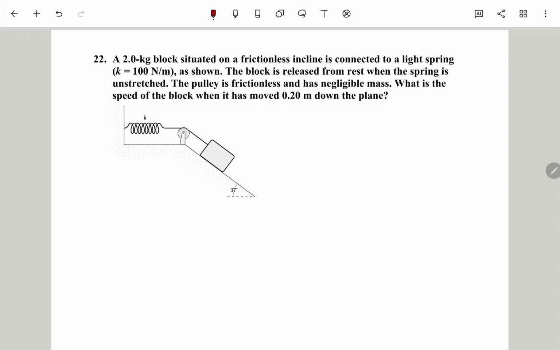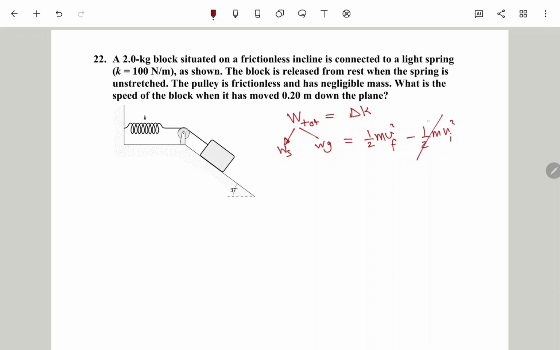Again, work total equals delta K, and we actually have work by the spring and work from gravity, and this equals half m V final squared minus half m V initial squared.